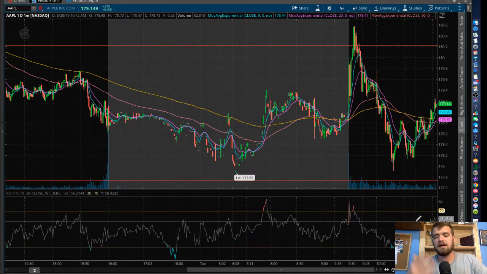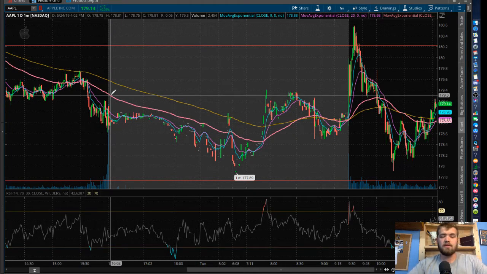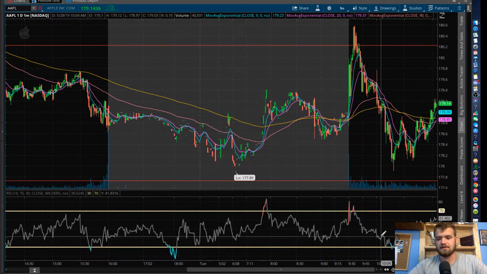So I just find that it is a lot easier to actually short stocks with this indicator, especially if we are below the moving average lines, and I'll show you that here in a second.